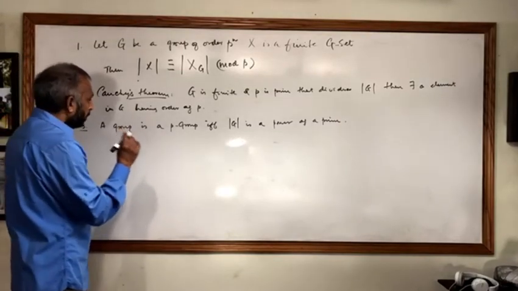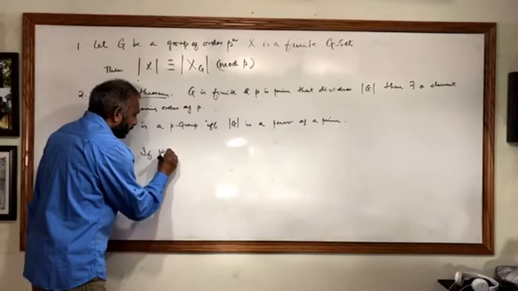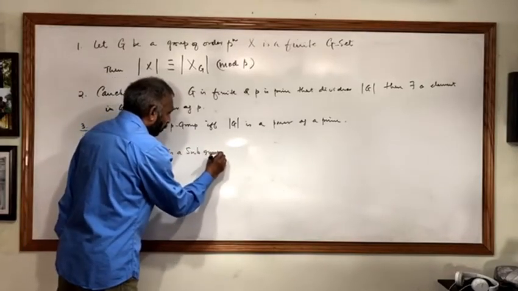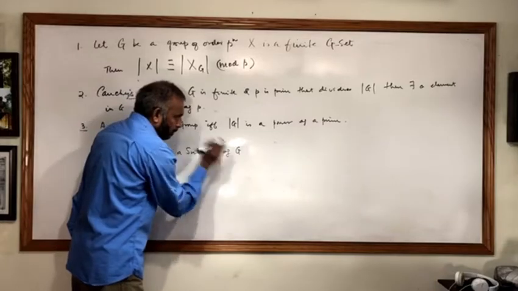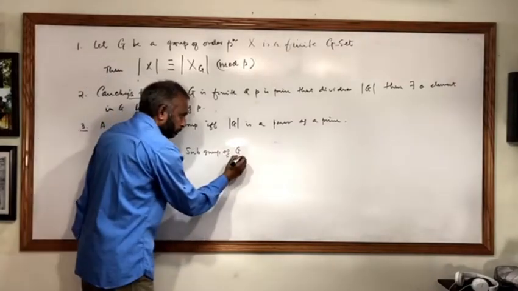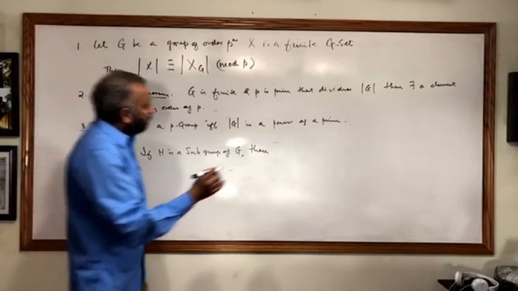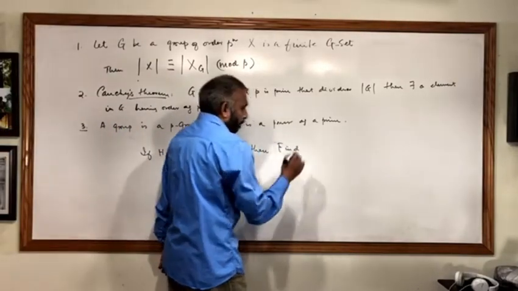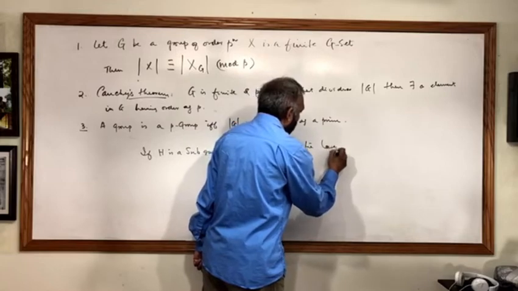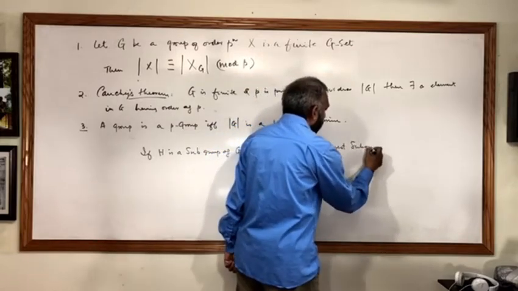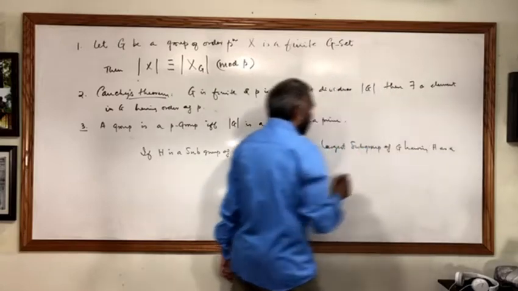So our next attempt is that if H is a subgroup of G, H doesn't need to be a normal subgroup of G, but if H is a subgroup of G, then find the largest subgroup of G having H as a normal subgroup.